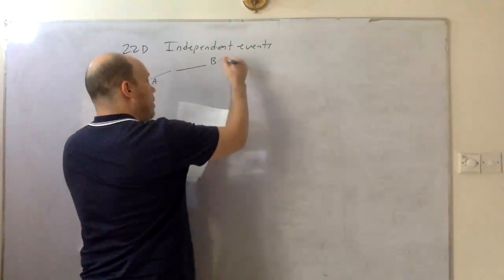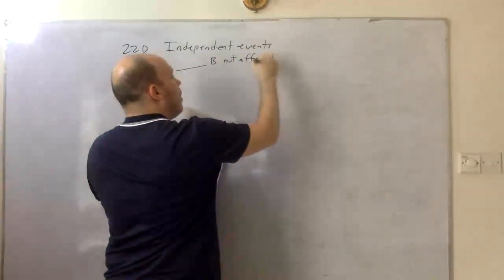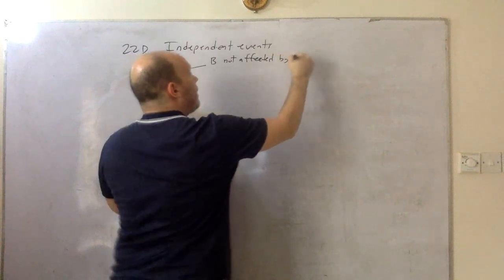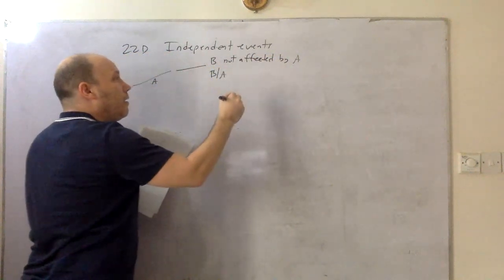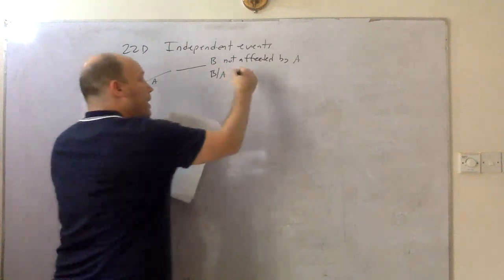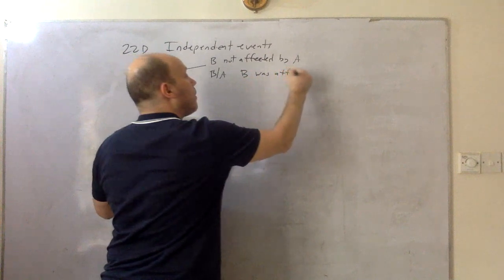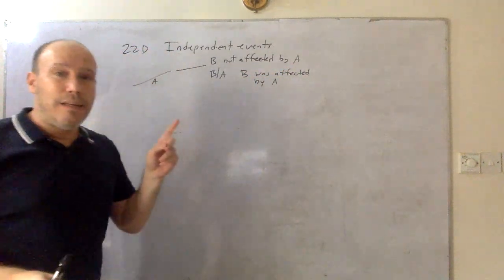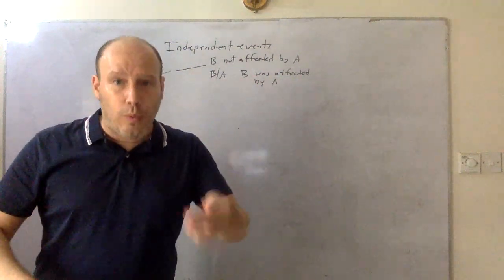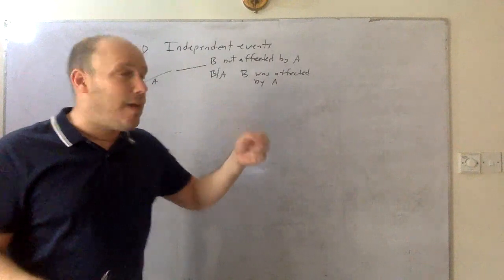So it's not affected by A. But then we saw the notation B given A, and that meant B was affected by A. It was dependent. The question is, what was the probability of B? It depends on A, versus it doesn't matter.